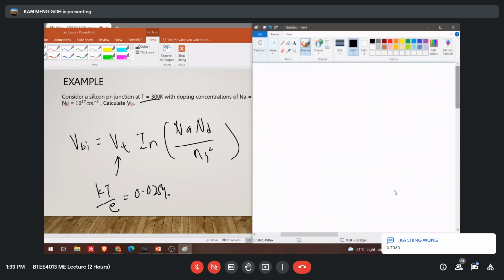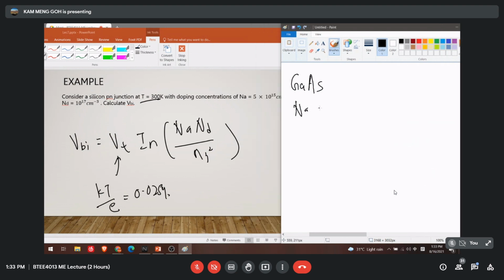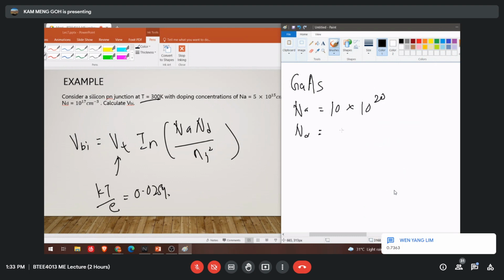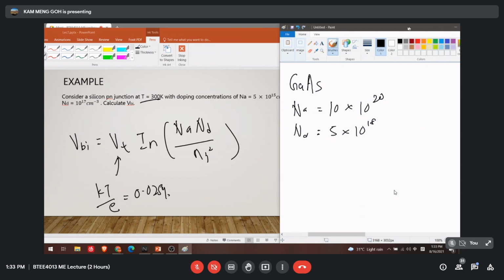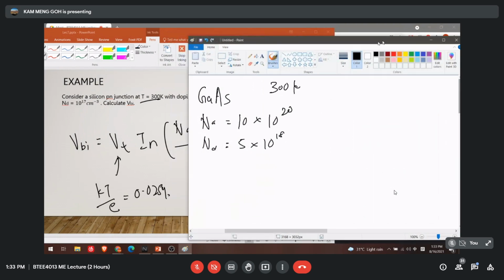We try one more example. Imagine right now you have a gallium arsenide junction, and your Na is equal to, let's say, 10 multiplied by 10 to the power 20, and Nd is 5. Also 300K. Then calculate the VBI.